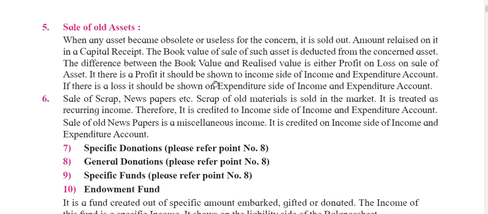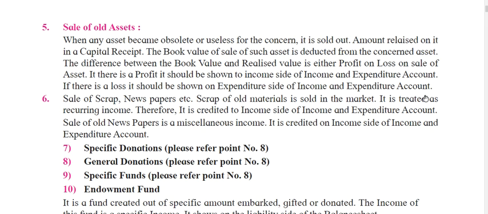If there is a profit, it should be shown on the income side of the income and expenditure account. If it is a loss, it will be shown on the expenditure side of the income and expenditure account.